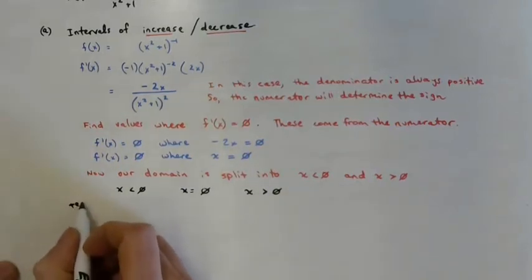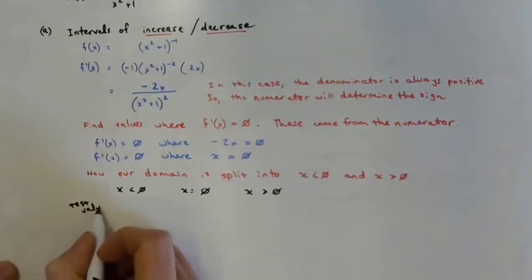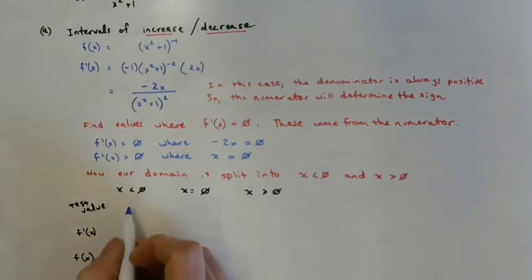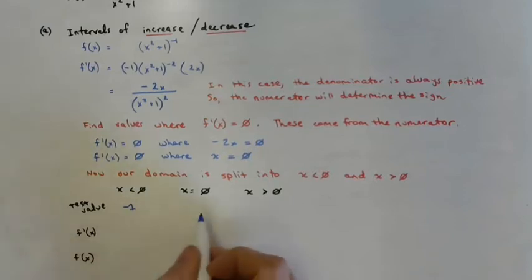We've got a test value. We have a sign of f prime of x. And then we're going to be able to tell what the original function is doing over that interval as far as increasing or decreasing. So test value to the left of 0 could just be negative 1.